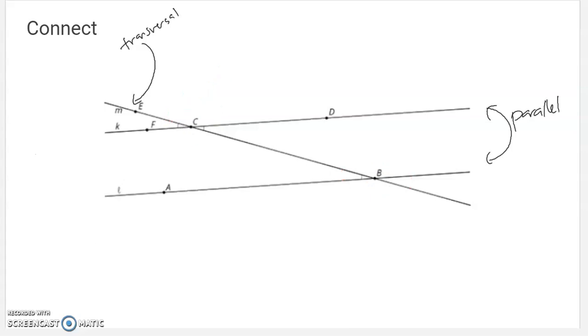But we also learned yesterday that since these lines are parallel, all the angles here match all the angles here because the two lines are parallel and the same transversal cuts them. So from that standpoint, we figured out if we know this angle, then we know this angle. Those are called corresponding angles.